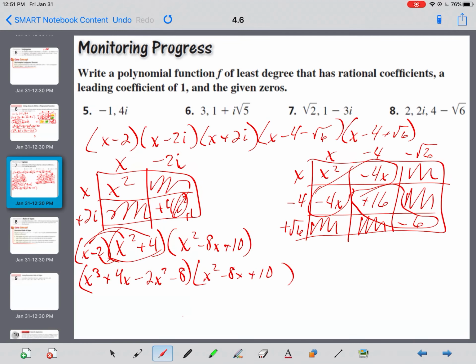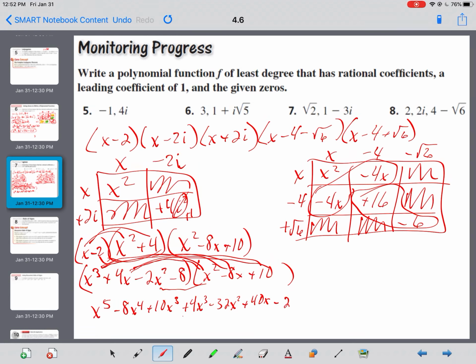Holy bananas. x to the fifth, negative 8x to the fourth, 10x to the third, plus 4x cubed, minus 32x squared, plus 40x, minus 2x to the fourth, plus 16x to the third, minus 20x, minus 8.